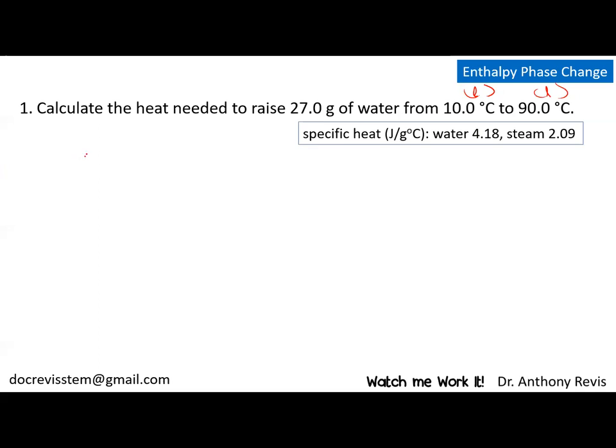So this is going to be Q, or you'll see delta H. You'll have Q equals mass times specific heat capacity times delta T. So that's the way you would calculate these.